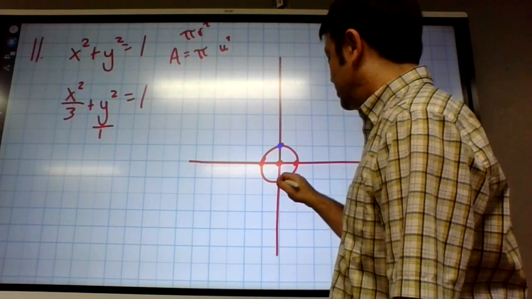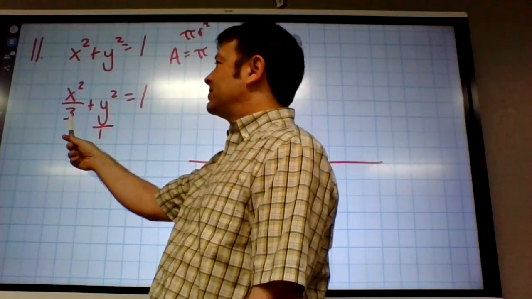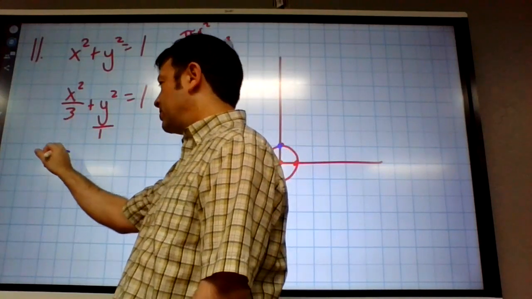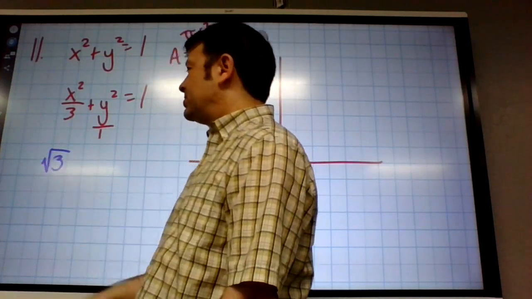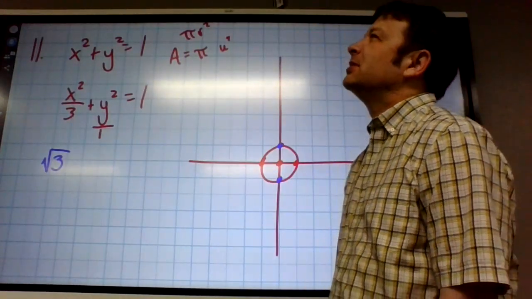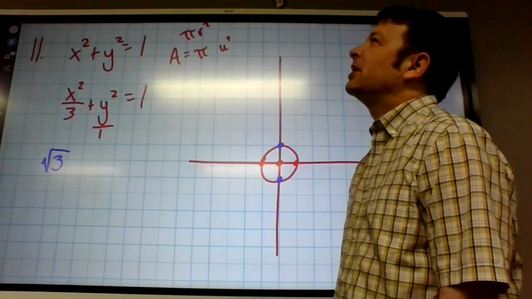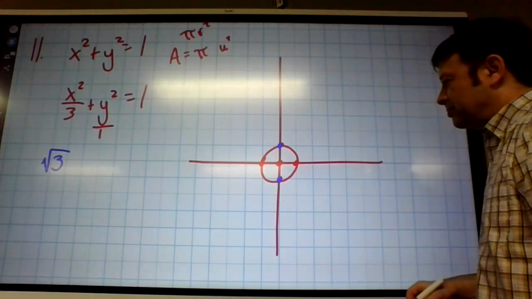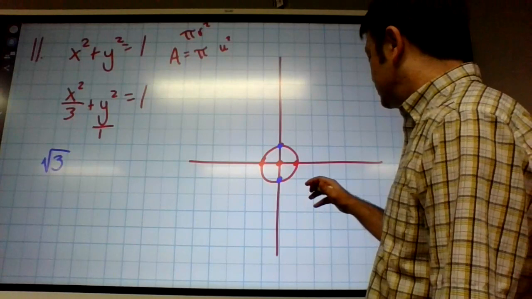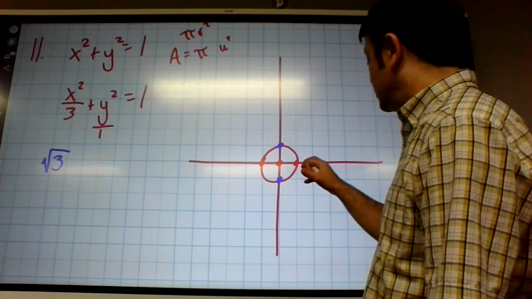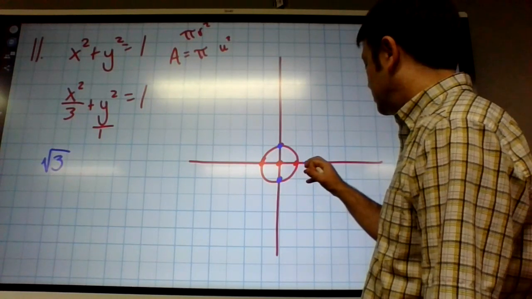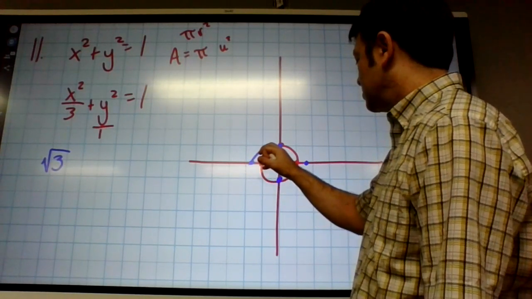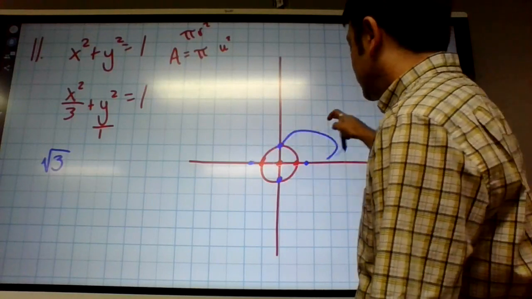So same spot. Where's it going to hit the x-axis? Correct, good. Square root of 3, which is 1.73, so getting close to 2. Out here a little ways. I think that was terrible.